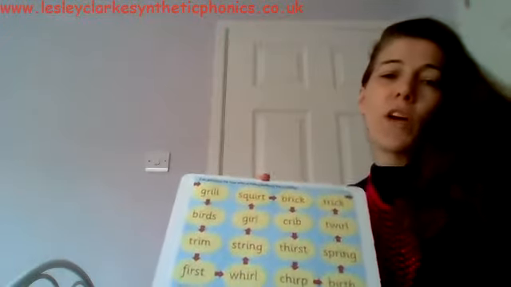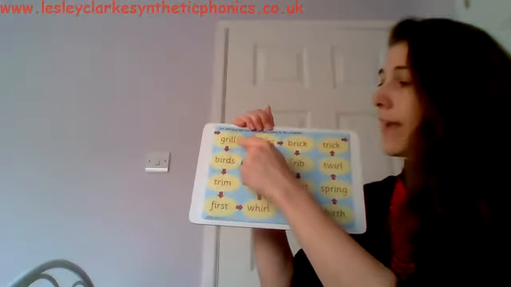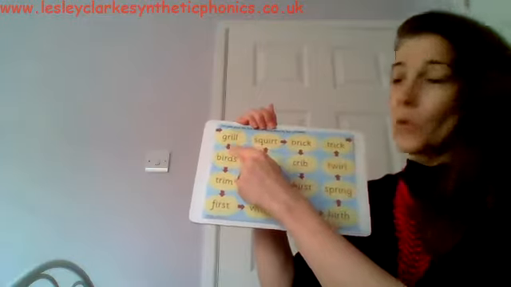I found that's worked really well in the revisit and review part of the lesson, if that is an issue that you think the children need to practice. I've also done it successfully in the practice part of the lesson. So I've photocopied enough game boards for the children to have one between two. And they take their play person and they take it in turns to read the words. So one child will sound out the first one, and if it's correct, their partner will move the play person onto the next word.